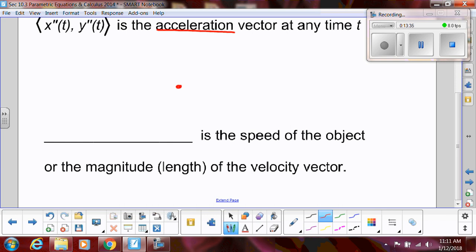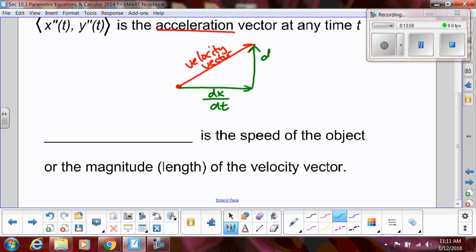The blank is the speed of the object, or the magnitude, the length of the velocity vector. So if I have my velocity vector, and then I have my horizontal and vertical components, remember, this is my dx/dt and this is my dy/dt.